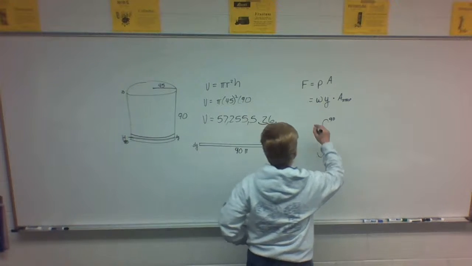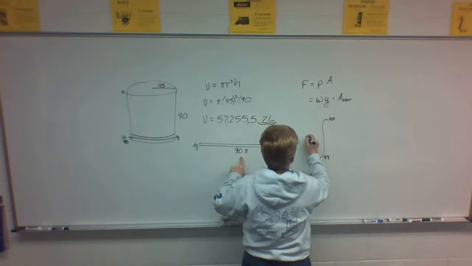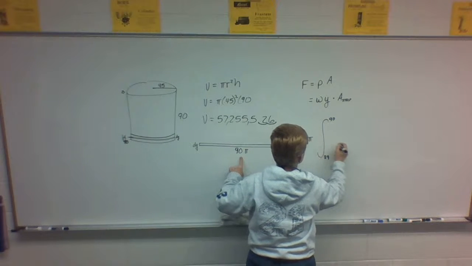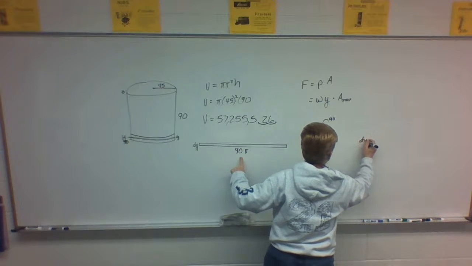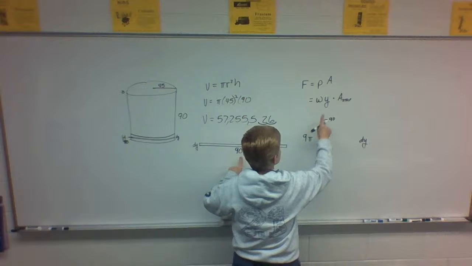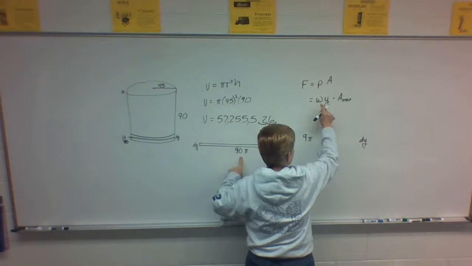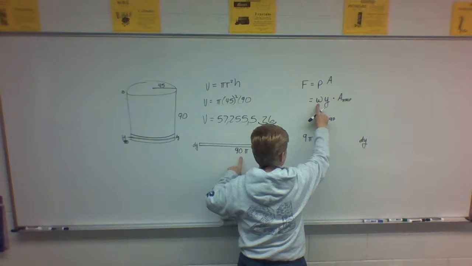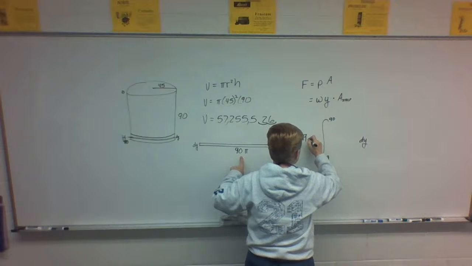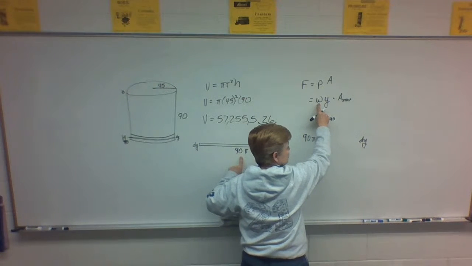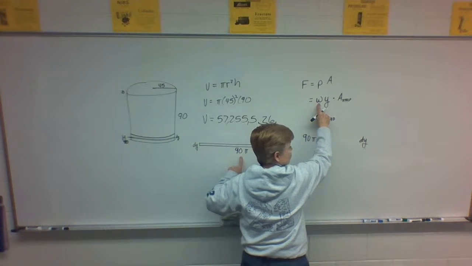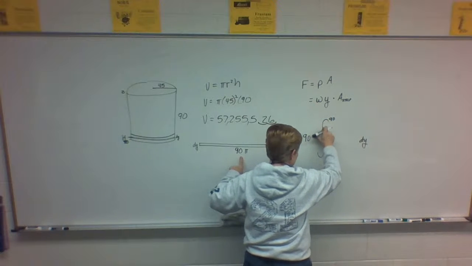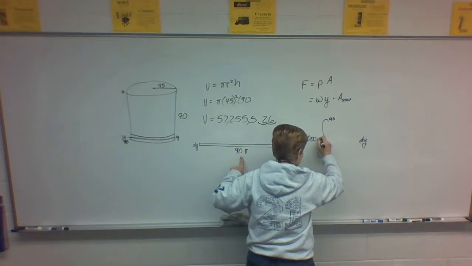Okay, and it's going to be 90 pi dy times this, which is, oh, so that should be 90. Yes. 90 pi times 100.